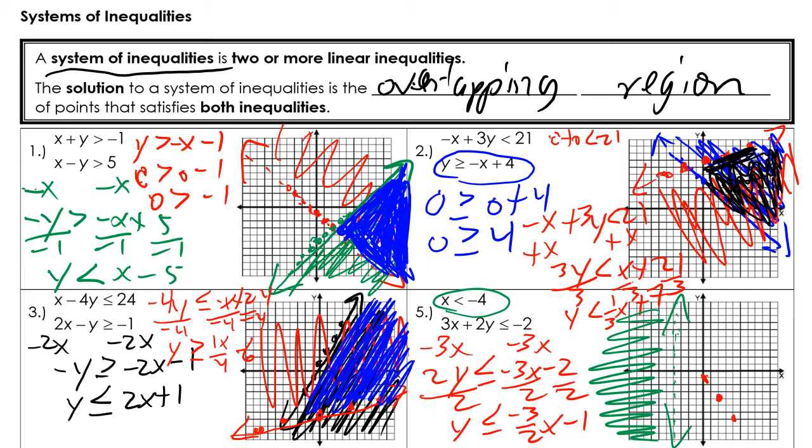Down 3, right 2. I don't think I did that very well. Maybe did. Up 3, left 2. This is going to be a solid line. Y is less than or equal to, I could put 0 is less than or equal to negative 1.